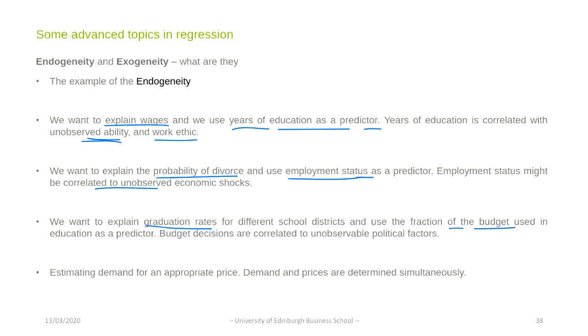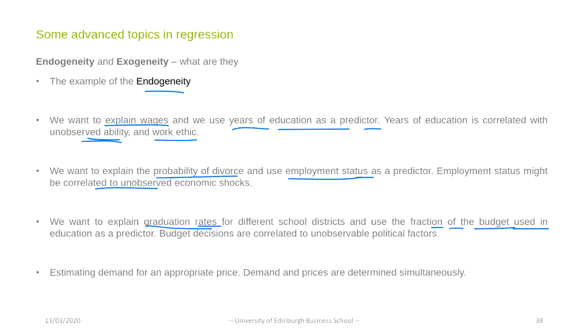If we only use the fraction of the budget, this actually causes endogeneity. We cannot explain why sometimes the fraction of budget cannot explain the graduation rate. Probably because we have different parties, different economies, different governments and different policies.